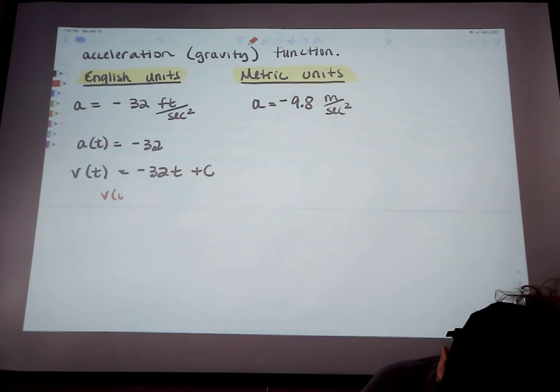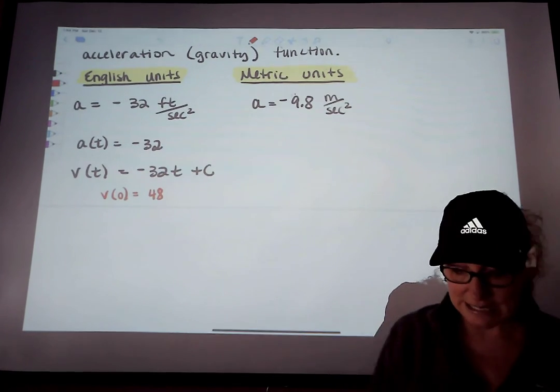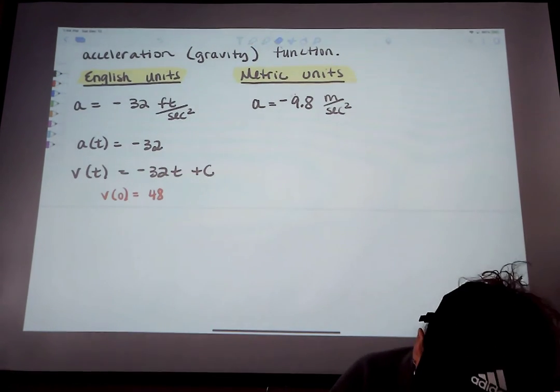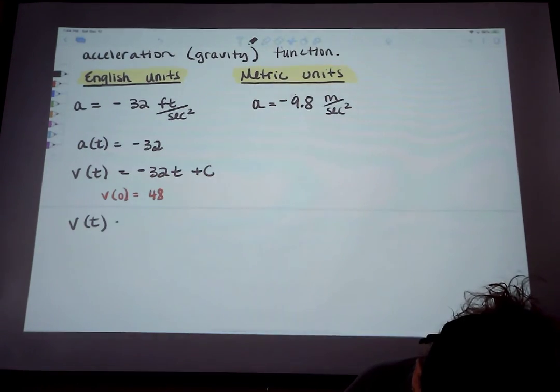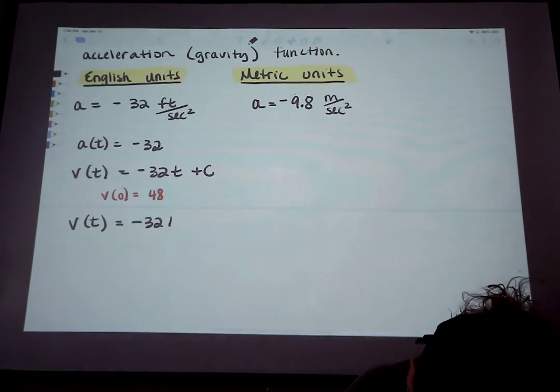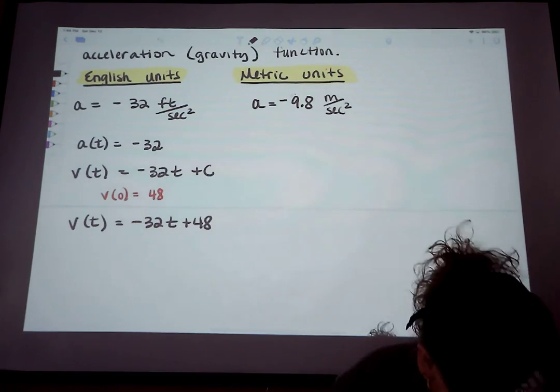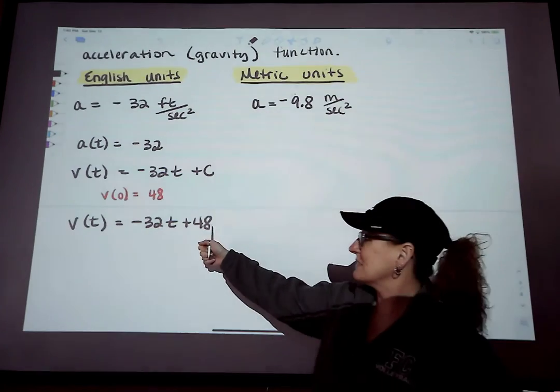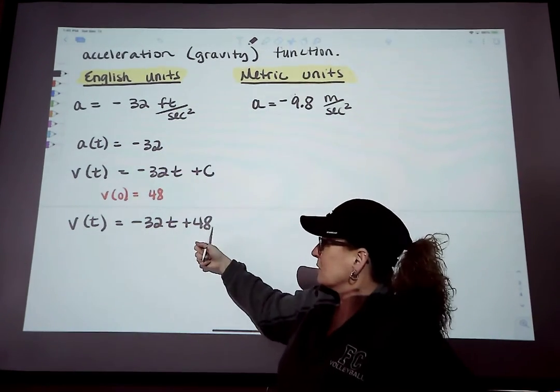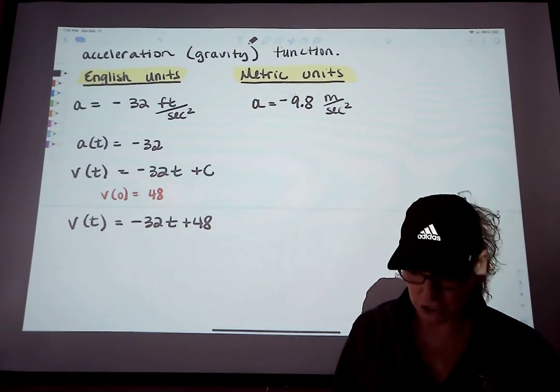I'm going to use the fact that v of 0 is 48. There's my velocity. There's my specific, not general, my specific velocity function.